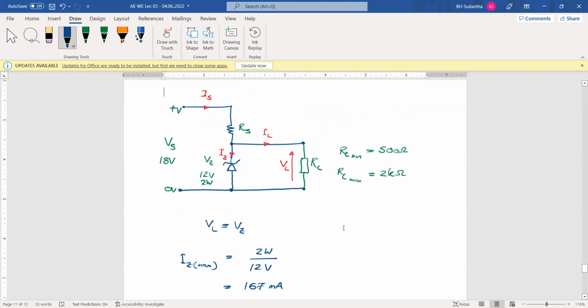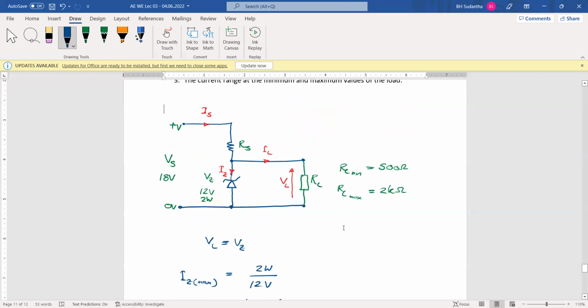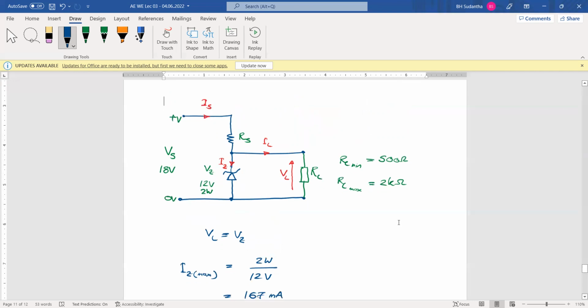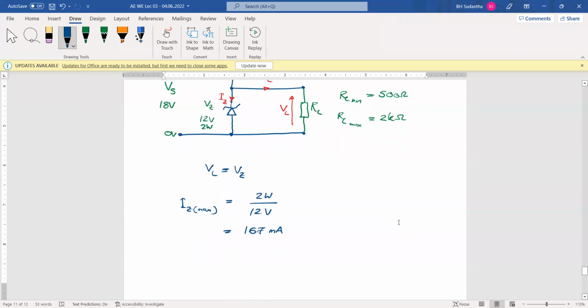At no load, the Zener can carry this much current. Then for the minimum current, when RL is at its maximum resistance, we can find the minimum load current.